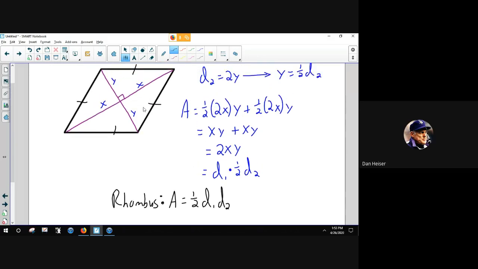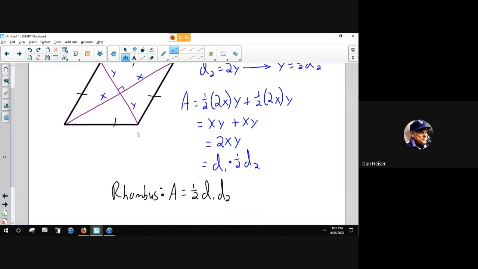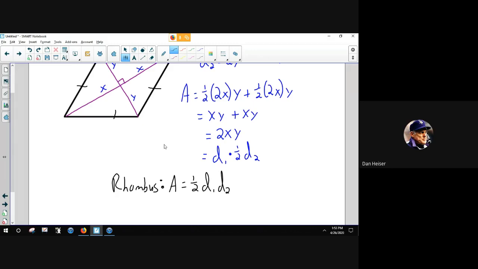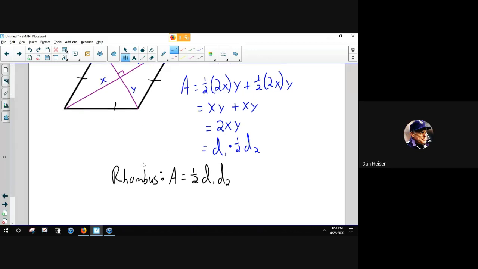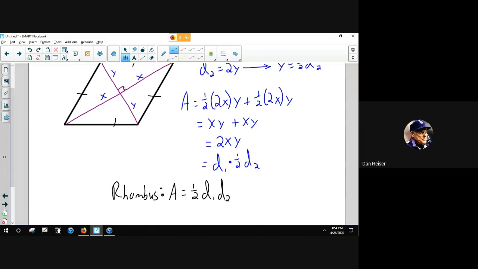Oftentimes with the rhombus, you will be given diagonals and not base and height. If you are given base and height, use those. But another form that works for a rhombus is half the product of the diagonals. The reason that works is because the diagonals are perpendicular. And that's what makes this formula a little easier to use.